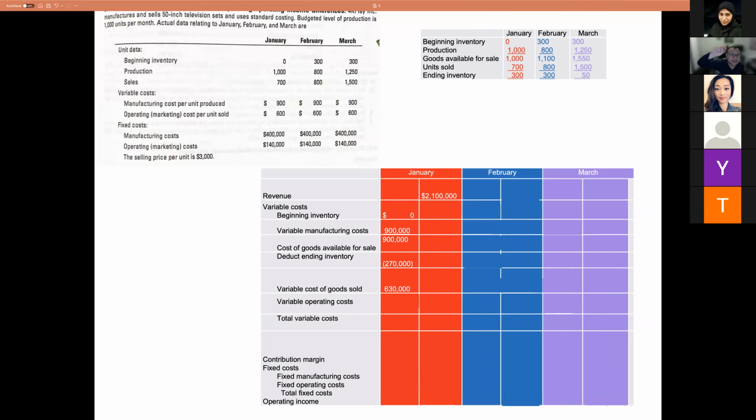What's the variable operating cost per unit sold? 600. So 700 times 600 is 420,000. When I add my variable cost of goods sold and the variable operating cost together, that's my total variable cost, which is 1,050,000.